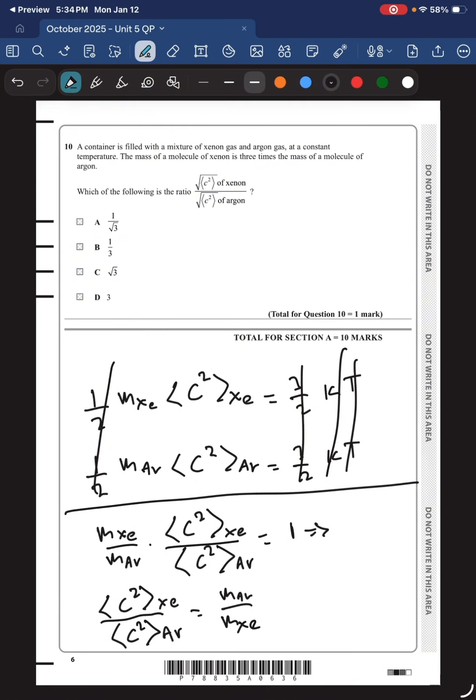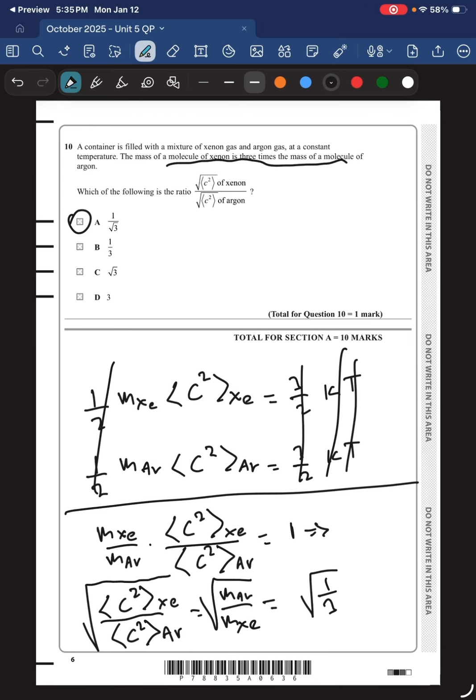Yes, and we have to take the square root for both sides, because this is what they ask us to find. So this is equal to the square root of 1 over 3, because they tell us that the mass of xenon is 3 times the mass of argon. So the answer is A.